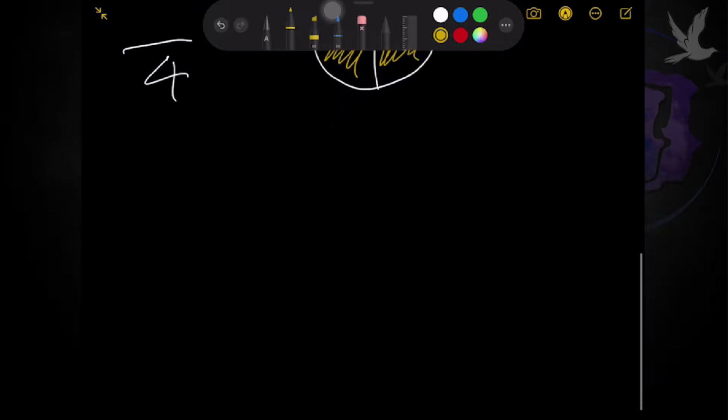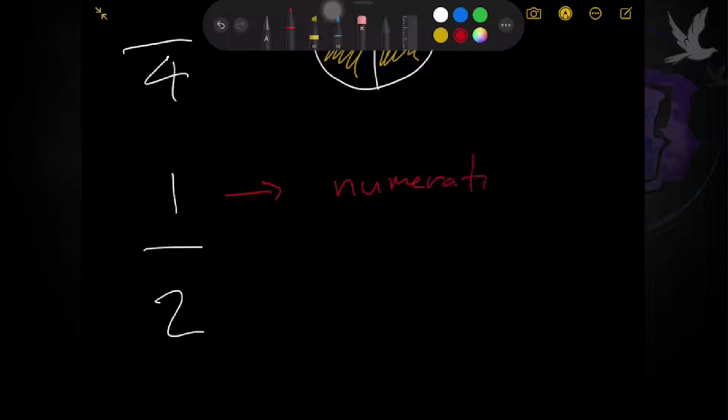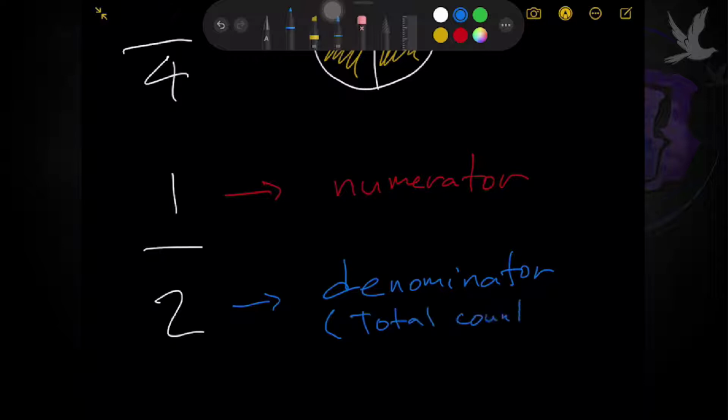Now, what are the basic parts of a fraction? Let's take 1/2 again, 1 over 2. The value above is called a numerator, just to let you know. And the value at the bottom is called a denominator. The denominator refers to the total count or units present.